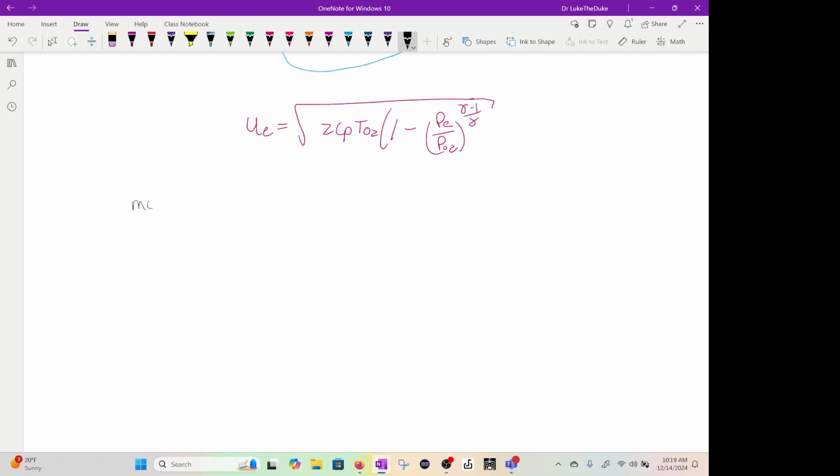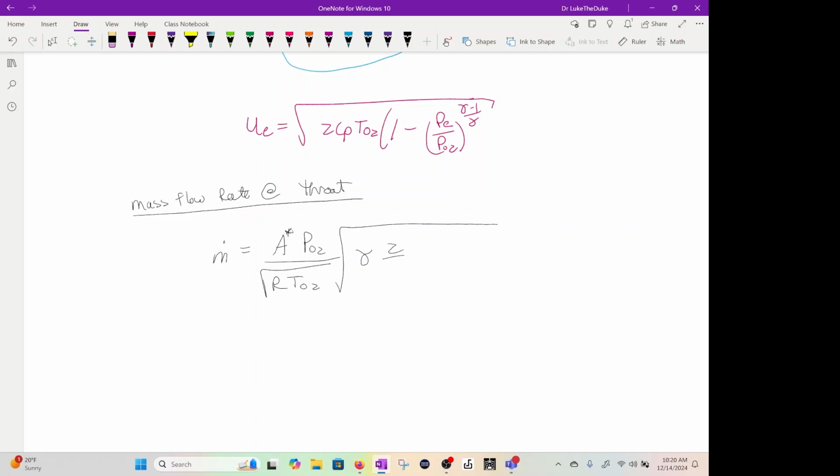All right, so mass flow rate at throat. Those are star values. And I'm just going to give you the equation because there's a lot of steps. And I may make a video at some point showing you how this is derived. But just go ahead and use this right now. m dot equals A star P naught 2 over square root of R T naught 2 times the square root of gamma times [2 over gamma plus 1] raised to the gamma plus 1 over gamma minus 1.